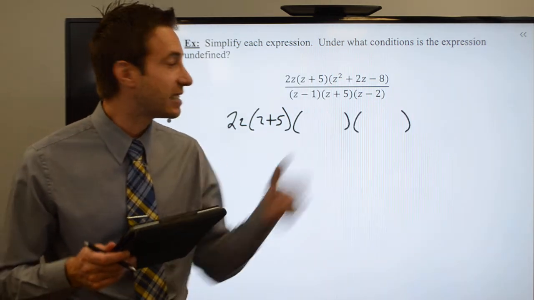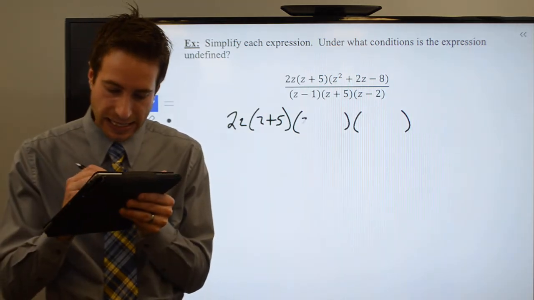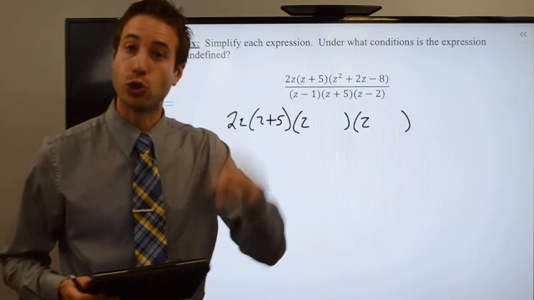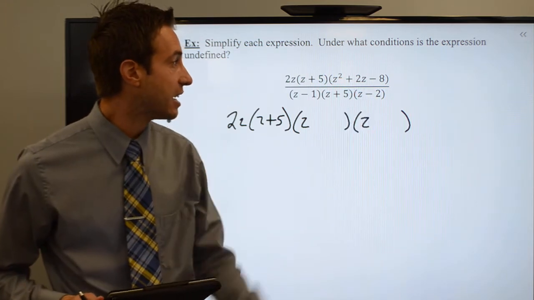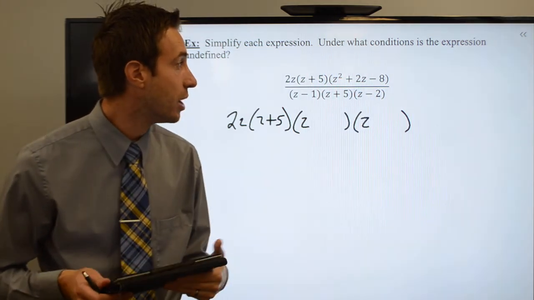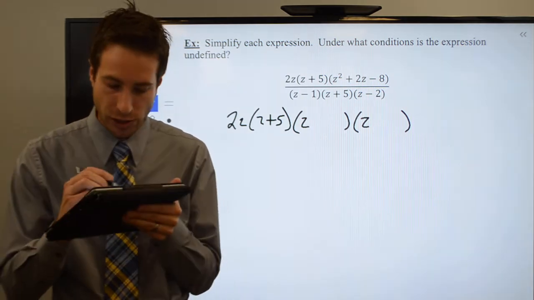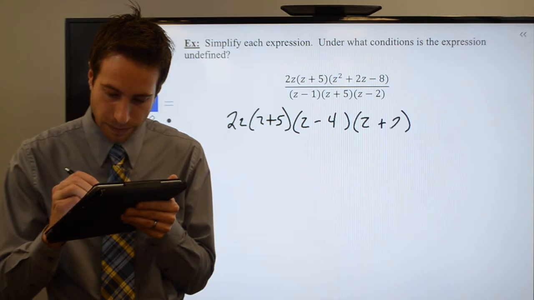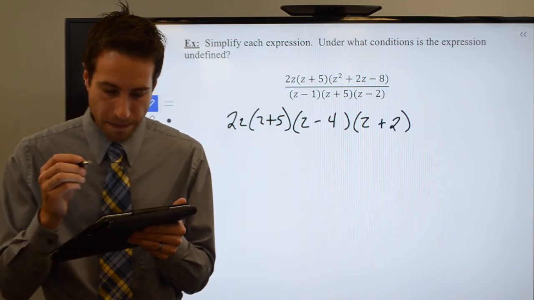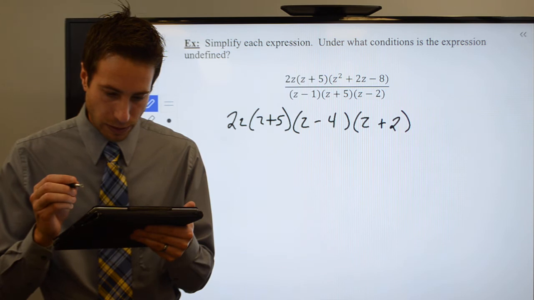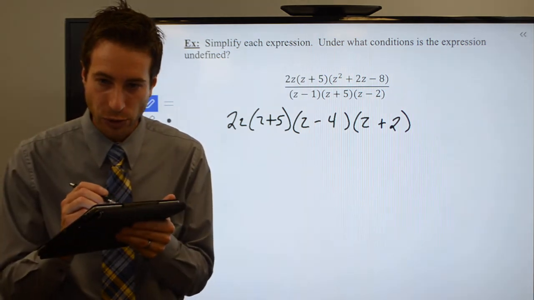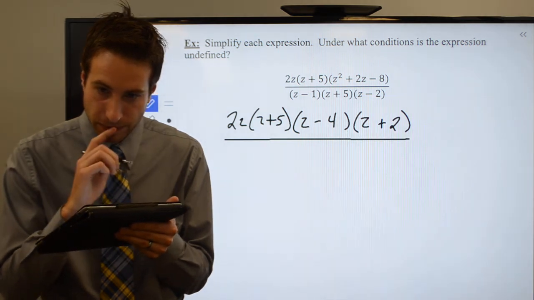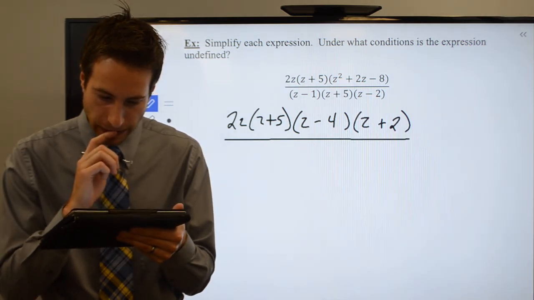Okay, well, I know to get a z squared, the easy bit, I need a z and a z. Z times z gets me z squared. But now I need two numbers that multiply to negative 8, sum to a positive 2. I believe a minus 4 and a plus 2 will do it. Did I do that right?